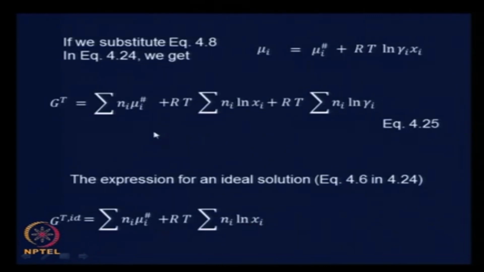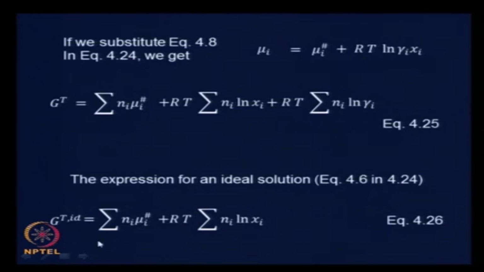Now, you know where we are getting at. You know that the excess property is going to be the actual minus the ideal. So, the expression for the excess property in terms of mu i hash, gamma i, xi and so forth would be obtained if we subtract equation 4.26 from 4.25.